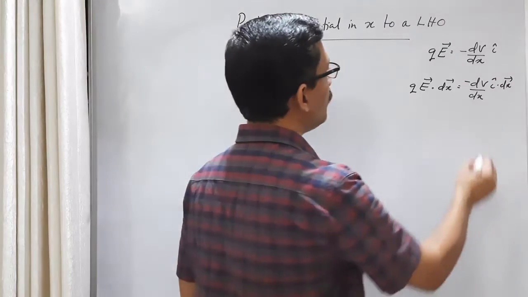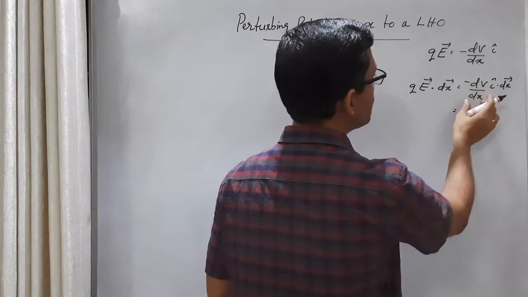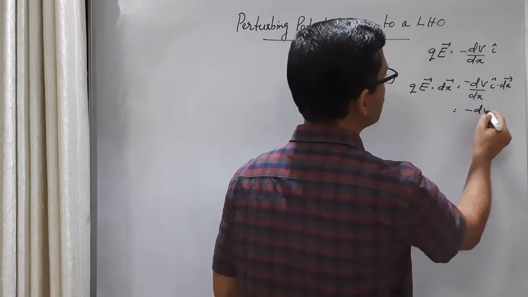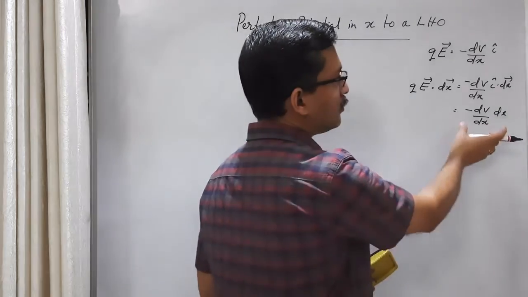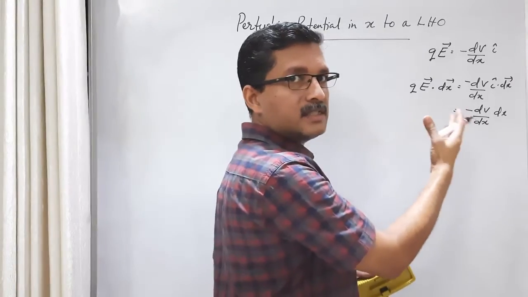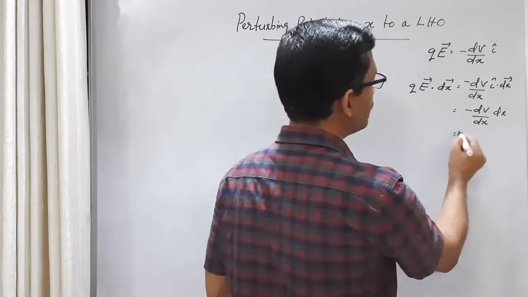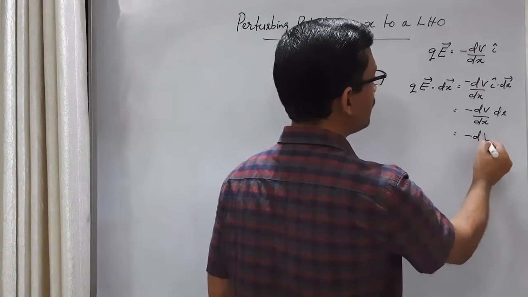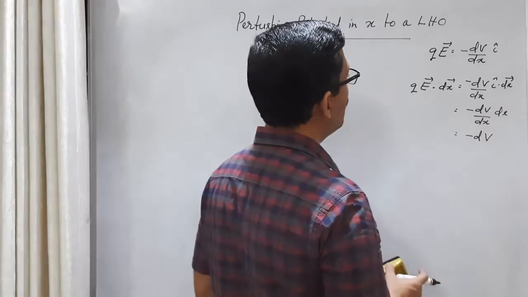Now i cap dot dx is simply dx. So what you have is minus dV by dx into dx. dV by dx into dx is a change in the dependent variable, so what you get here is minus dV, a differential of V, a small change in V.